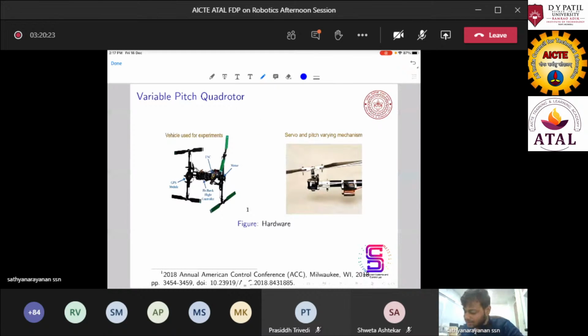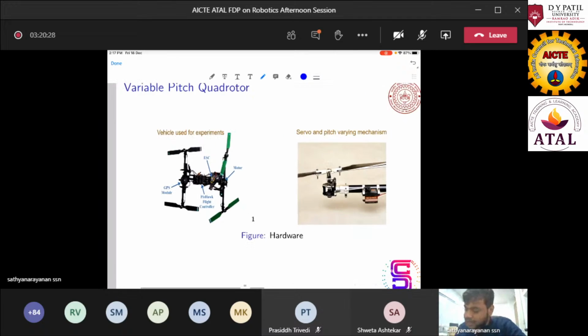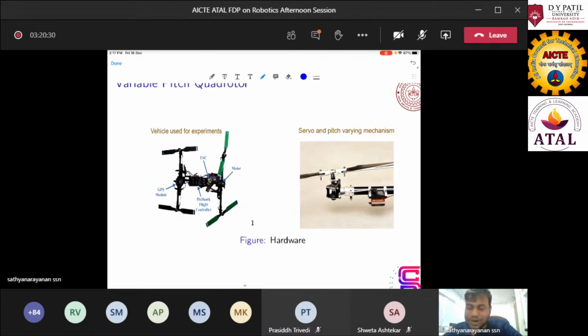So next we will go into the variable pitch quad rotor. In general, a quad rotor has one main disadvantage: you can't have a very long flight time. It is limited to 10 to 15 minutes, and if you are operating at very high speed with full thrust, then the maximum time is limited to 10 minutes at max.